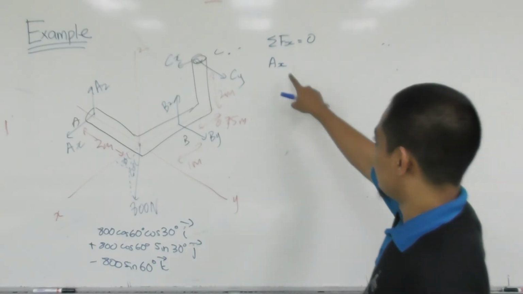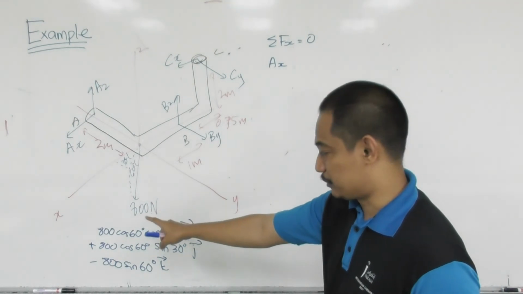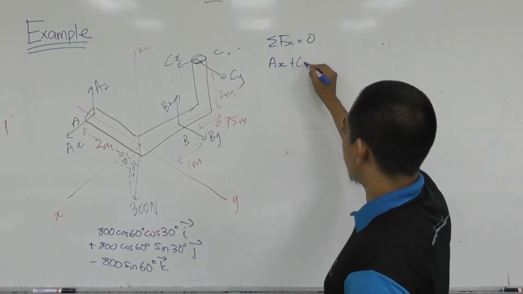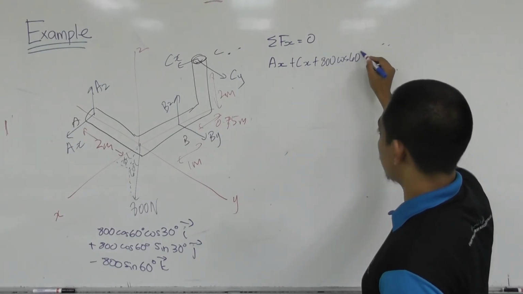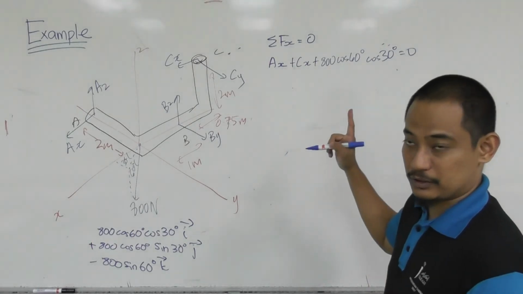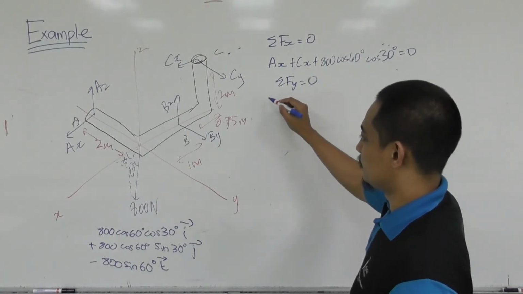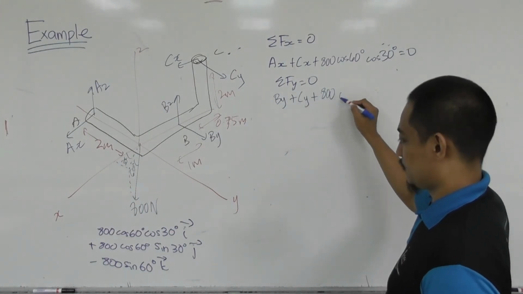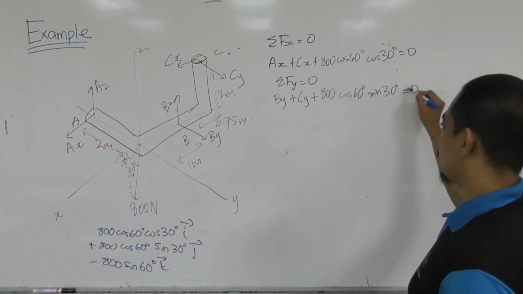Going back here because I forgot to do that first. Because this force has x, y, and z components, for summation of Fx equal to 0, you have Ax plus Cx plus 800 cos 60 cos 30 degrees equal to 0. That's the first equation, with 2 unknowns. Summation of Fy equal to 0: By plus Cy plus 800 cos 60 sin 30 degrees equal to 0.